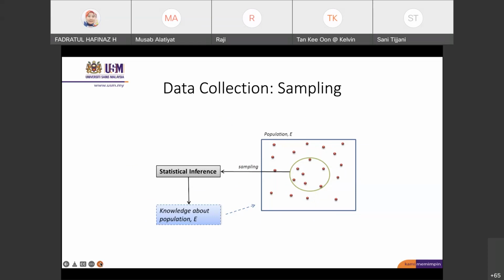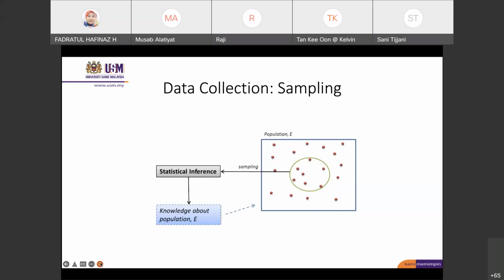For example, if you want to study the effects of new medical drugs on patients across Malaysia, it would be impossible for us to collect all the data for the whole population of Malaysia. So that is where we need sampling.